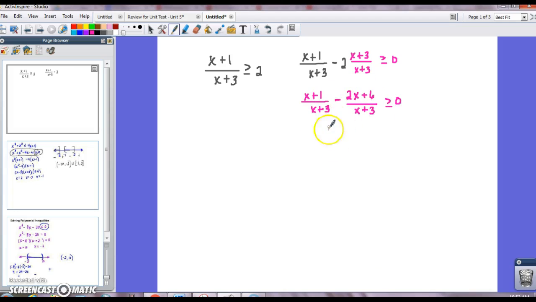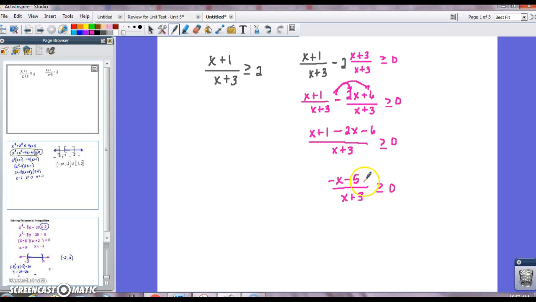And then when I combine them into a single fraction, I'll distribute this negative. So I end up with x plus 1 minus 2x minus 6 all over x plus 3 is greater than or equal to 0, which then gives me negative x minus 5 over x plus 3 is greater than or equal to 0. So that gives me my rational inequality.